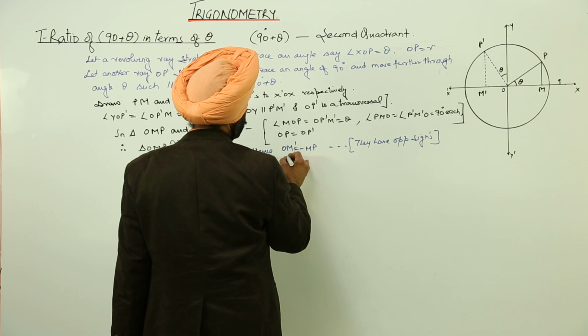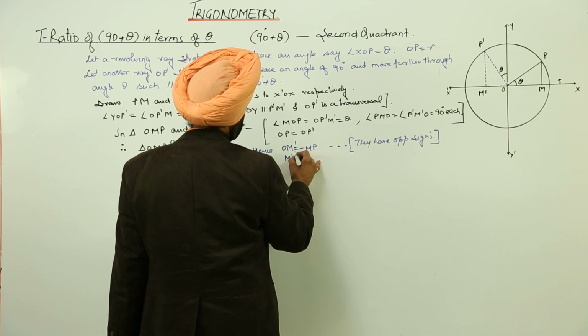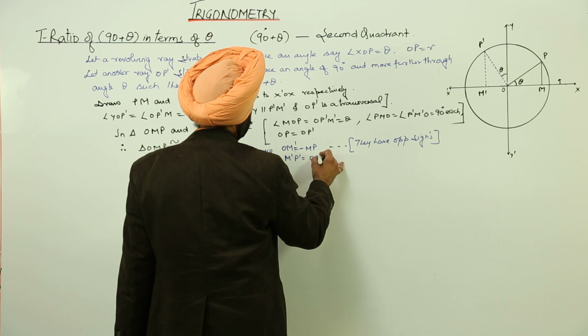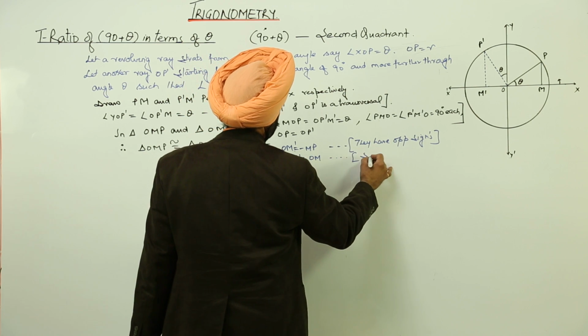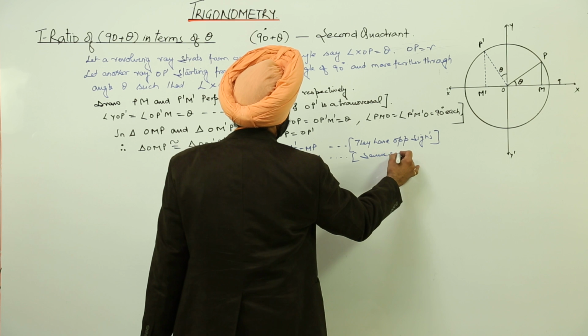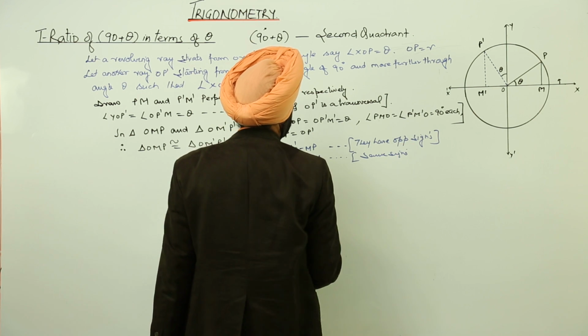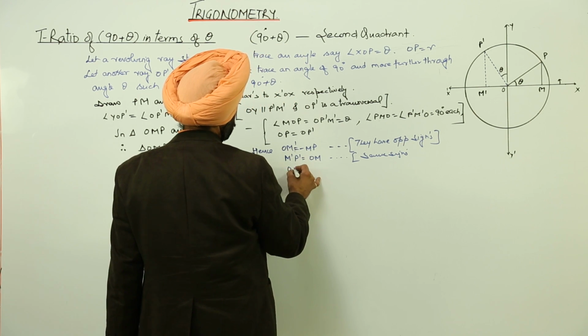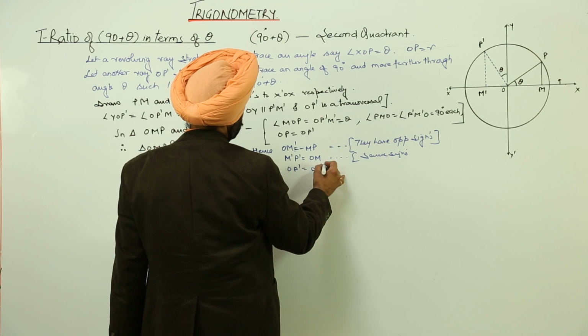Then M dash P dash is equal to OM, with the same signs. And OP dash is equal to OP.